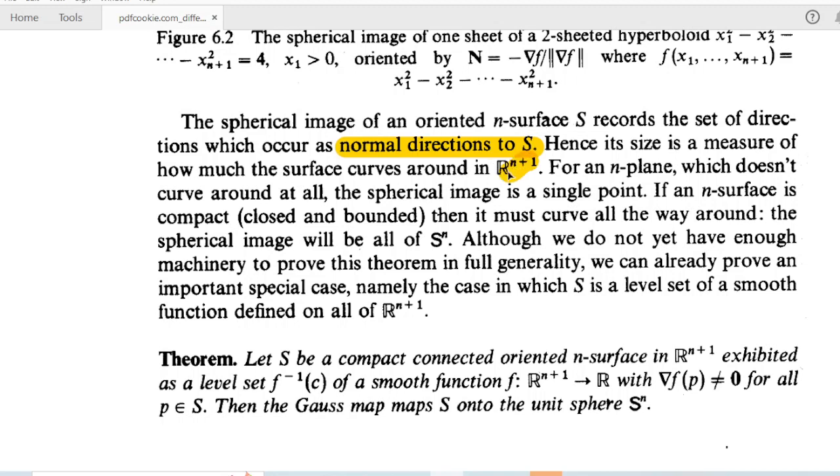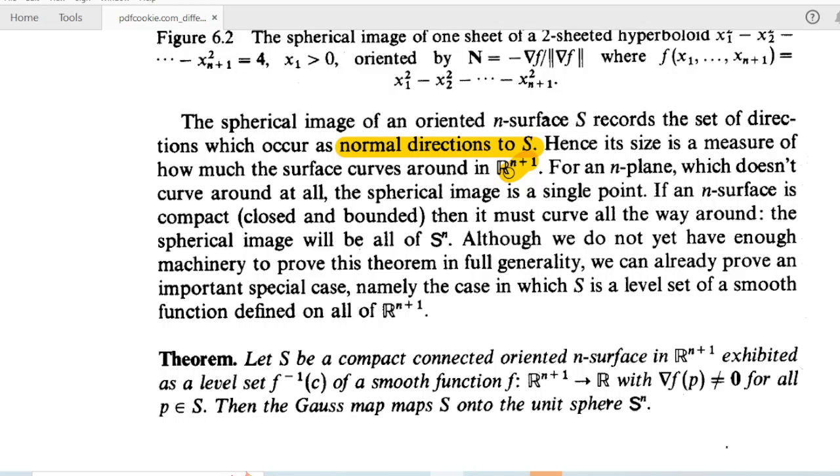So basically, when we study the curvature of a surface, we can study it by looking at the rate of change of the normal vectors.